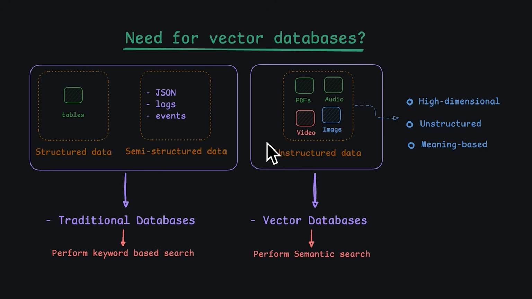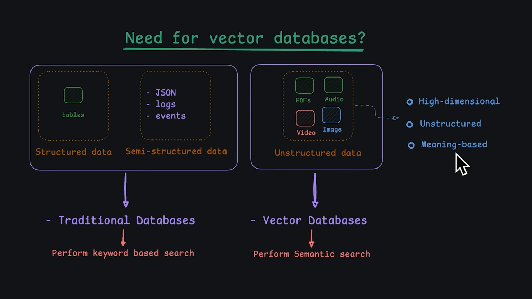And then we have unstructured data, for example, your texts or PDFs, audio, video, images. This unstructured data is actually high dimensional, it is unstructured, and this data is all meaning based.